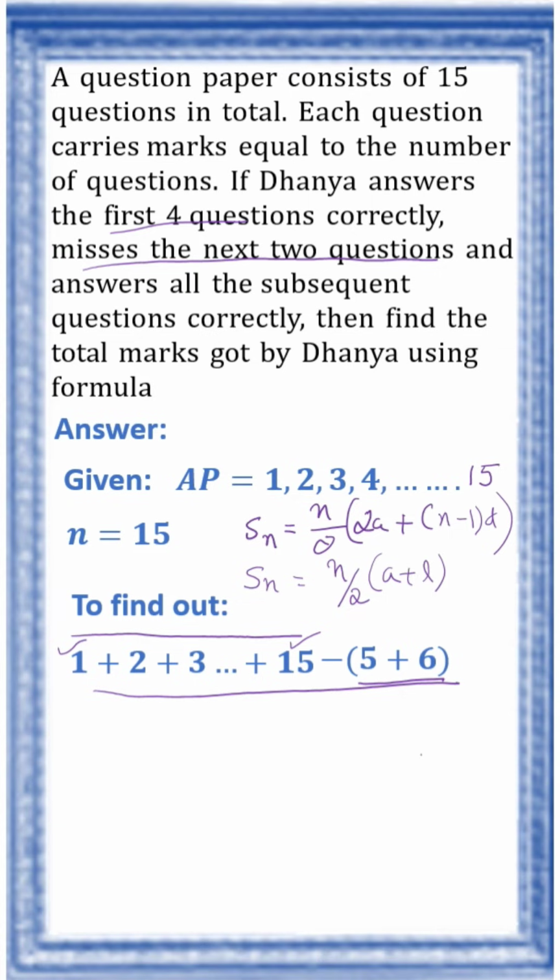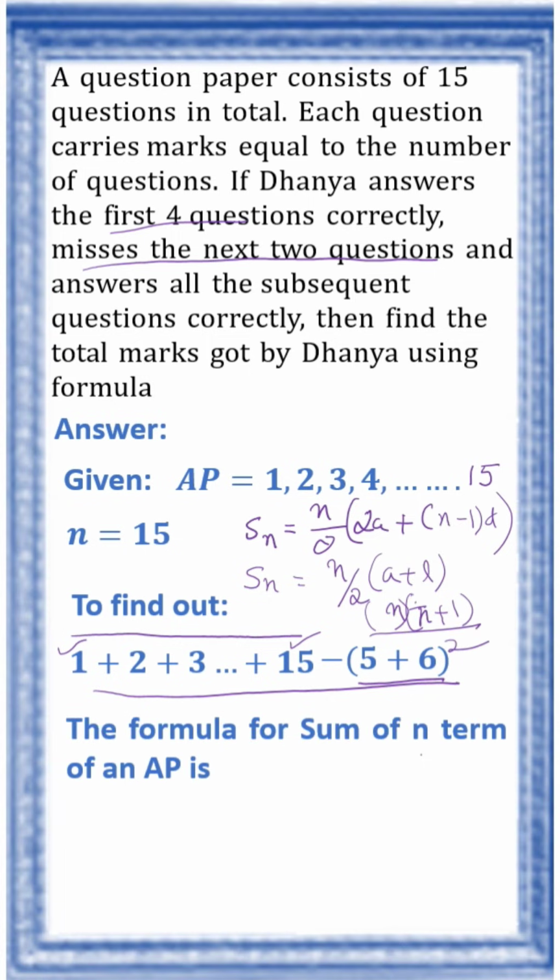But still another formula is very useful here. This formula, n into n plus 1 by 2, I have used here. Sn is equal to n into n plus 1 by 2. Here n is equal to 15.